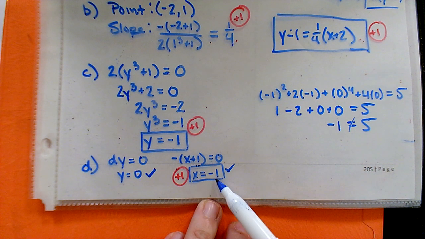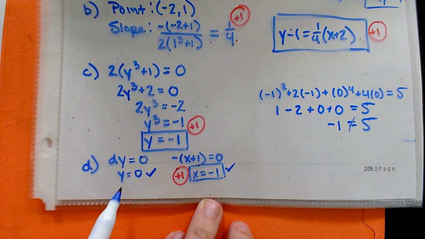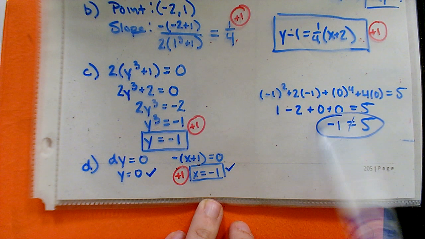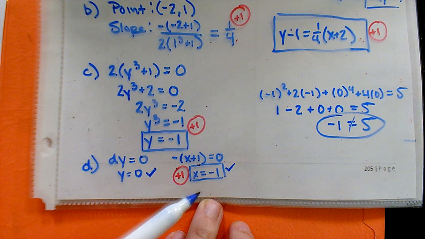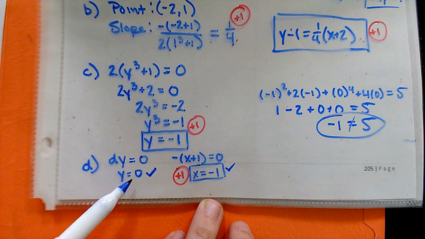But what we did is we checked this x value in the equation with the y value of 0 that it should have if it's on the x-axis. But notice how we're not getting a true statement. So this x-coordinate of negative 1 does not have a y value of 0, meaning it's not on the x-axis.